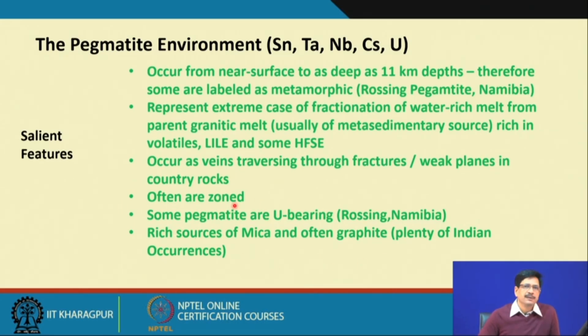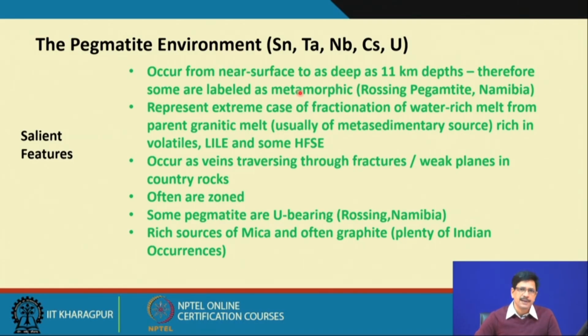Since the pegmatites are characterized by a very coarse grained nature, the constituent minerals are quartz, potash feldspar and mica. So, pegmatites are in fact the most important and widespread sources of industrial minerals like mica.